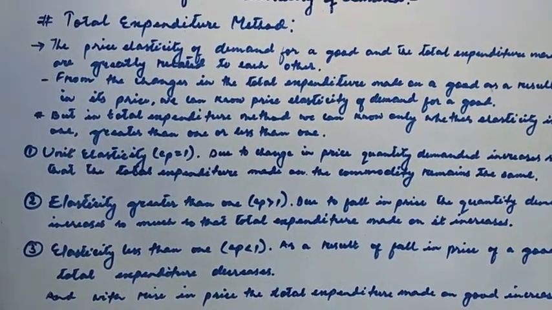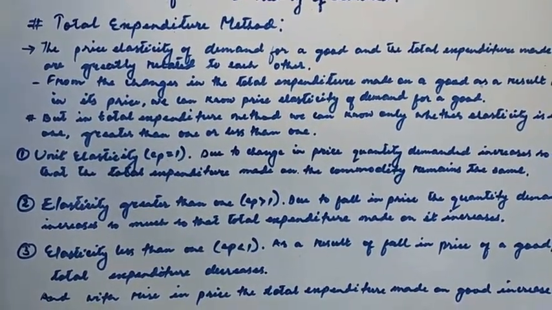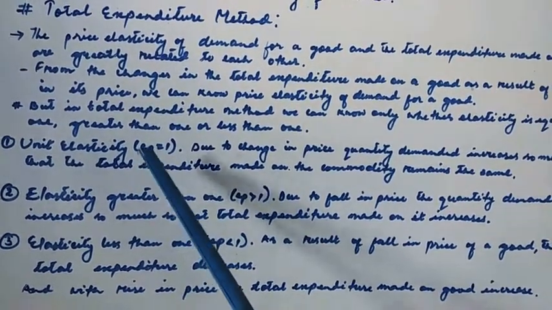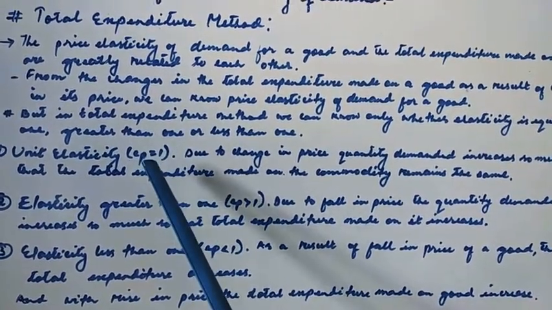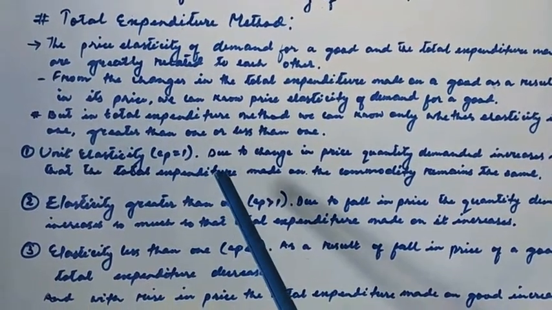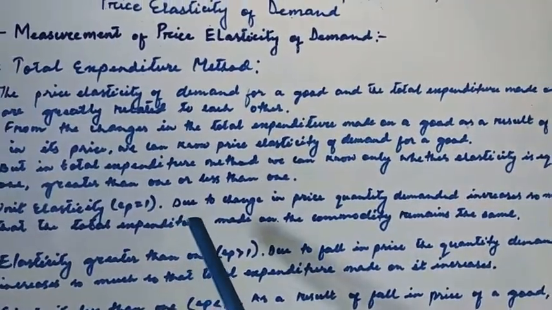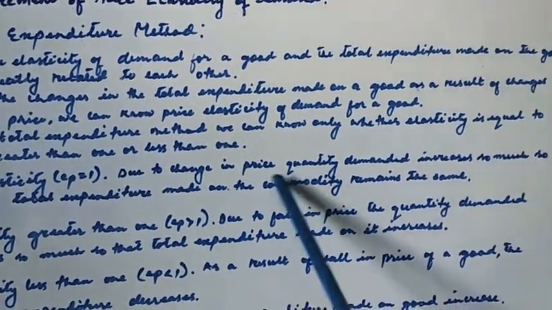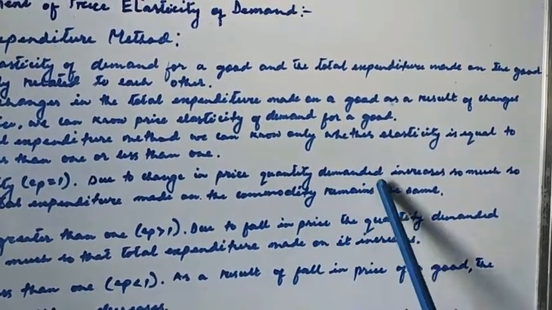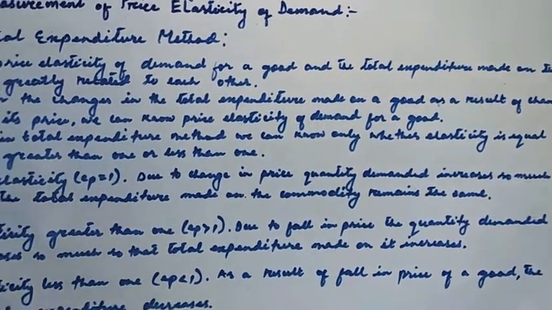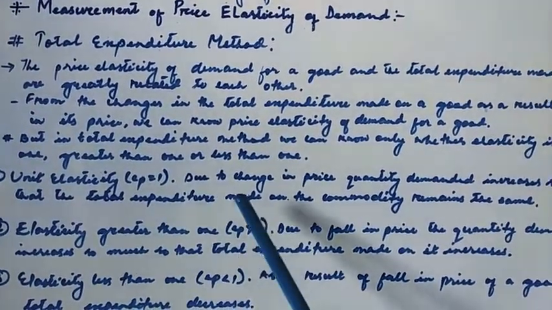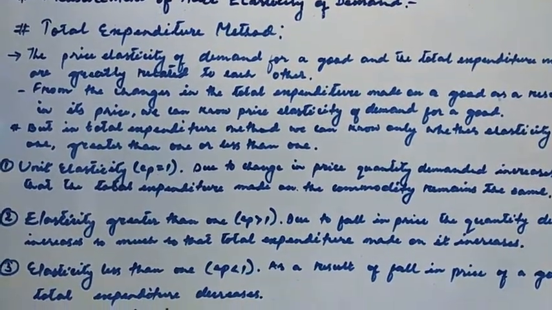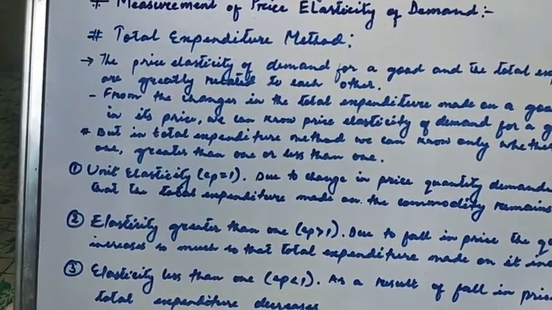The first one that we have is unit elasticity or unitary elasticity of demand. That is EP equals 1. Price elasticity equals 1. So in this case, what do we have? Because of the change in price, quantity demanded changes so much so that the total expenditure made on the commodity remains the same. How is this possible?